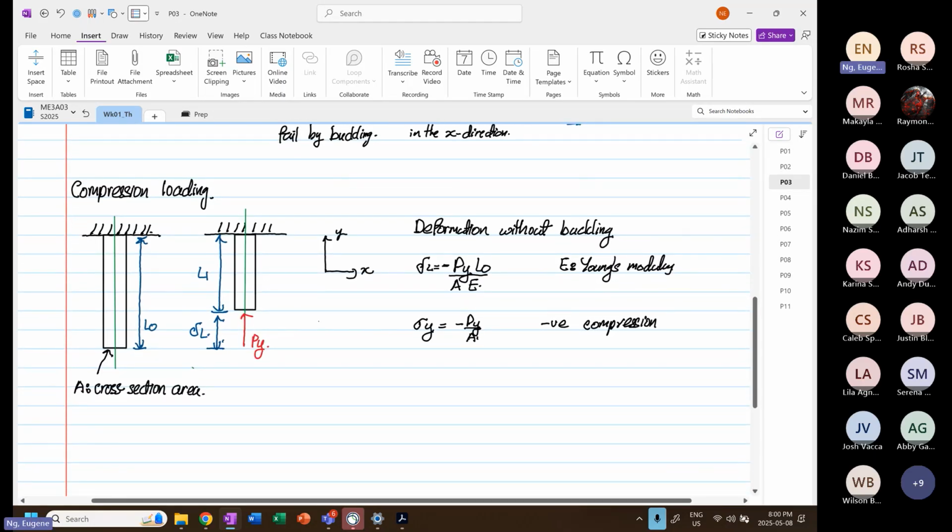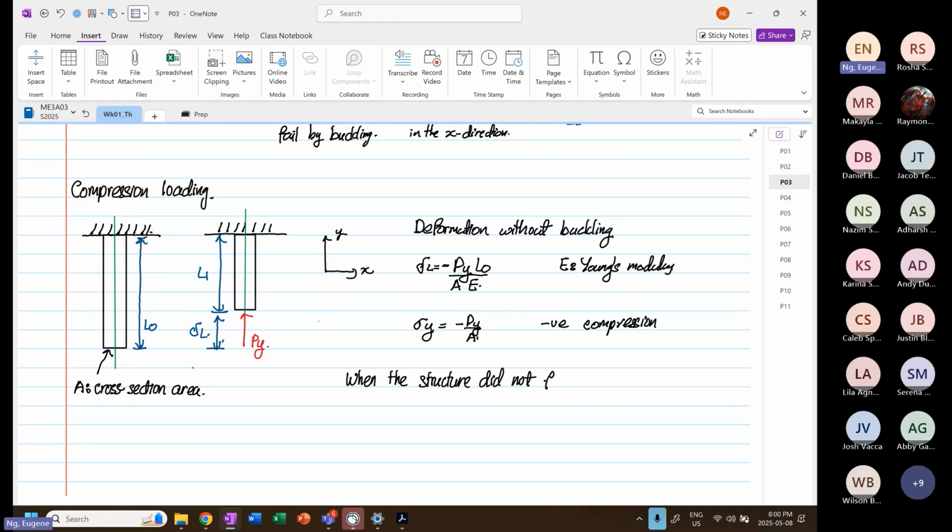Now, without buckling, or when the structure did not fail by buckling, okay, when the structure did not fail by buckling, the deformation pattern is parallel to the what?